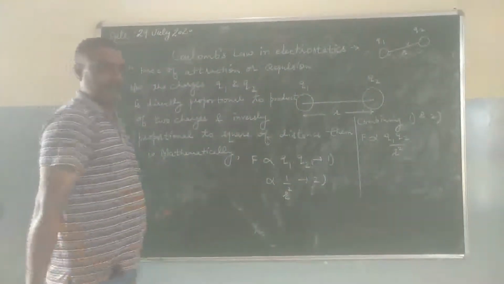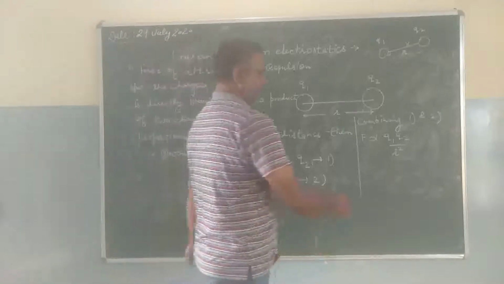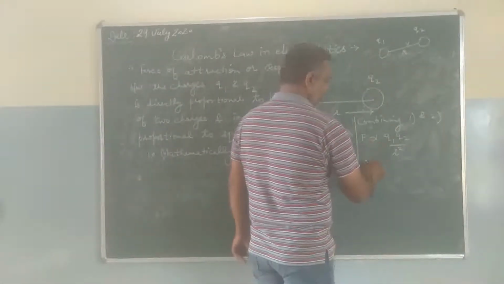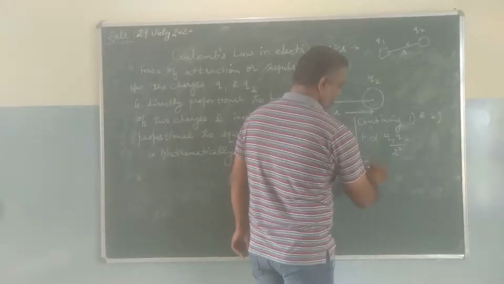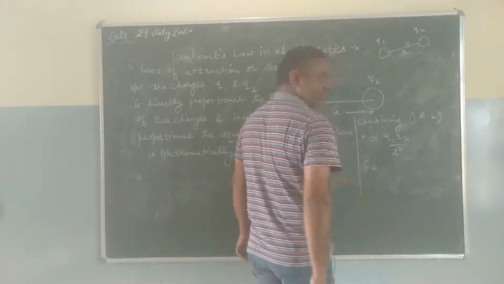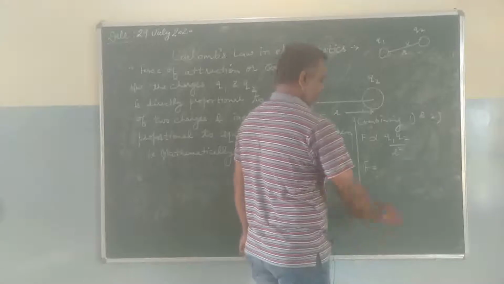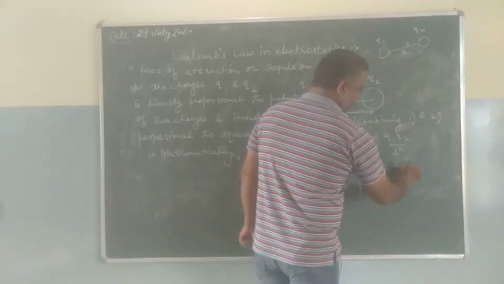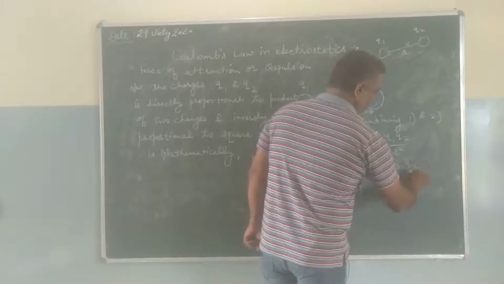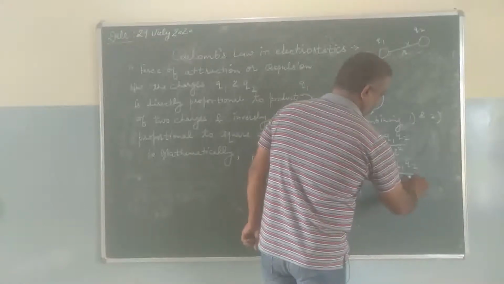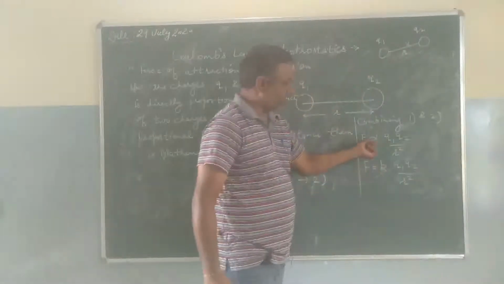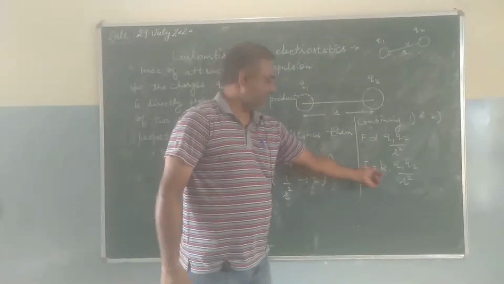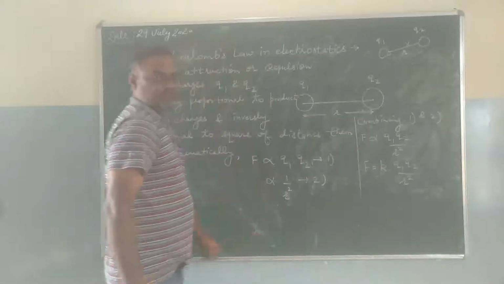Now this is the rule of physics. If we are having a proportionality sign, then we will change it into an equal sign and add a constant of proportionality.